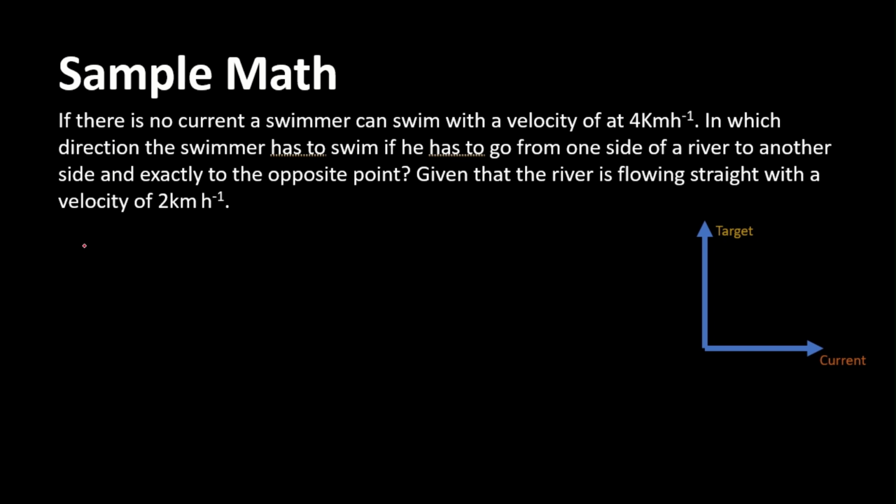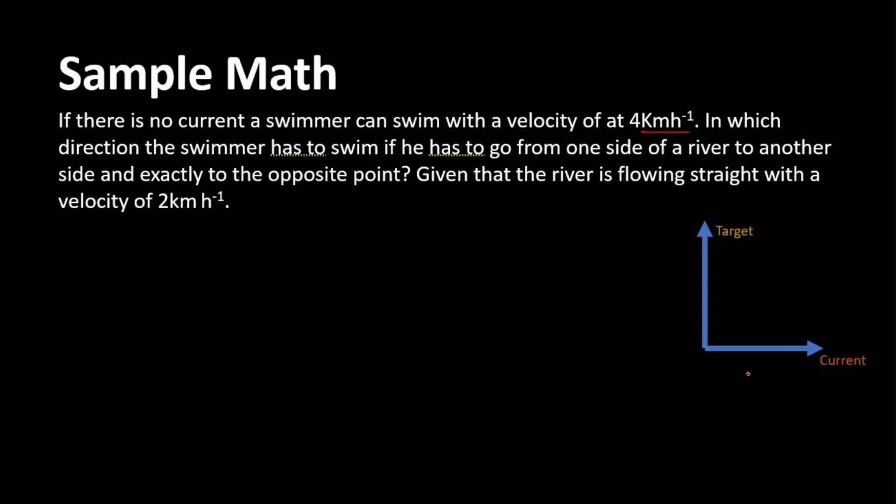Now another simple math. Pause the video and try it yourself first. So here we go. If there is no current, a swimmer can swim with a velocity of 4 km per hour. In which direction the swimmer has to swim if he has to go from one side of a river to another side and exactly to the opposite point, given that the river is flowing straight with a velocity of 2 km per hour.